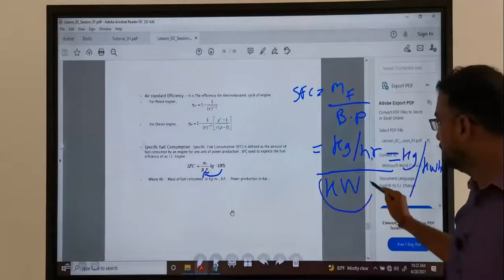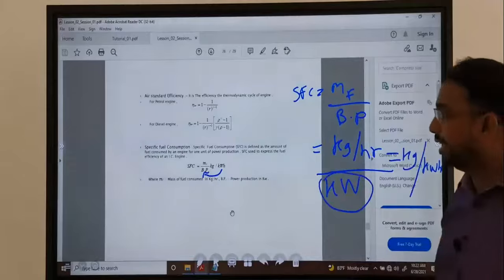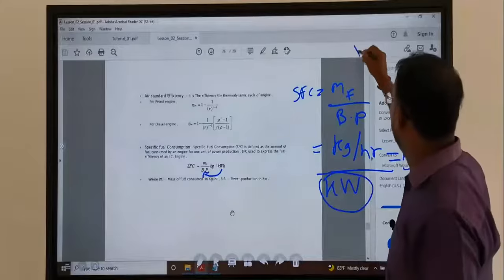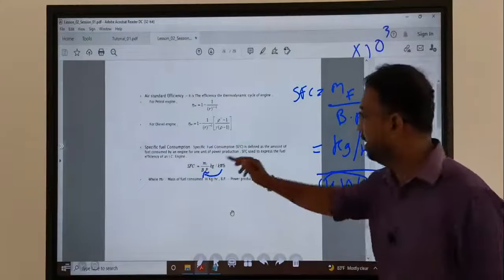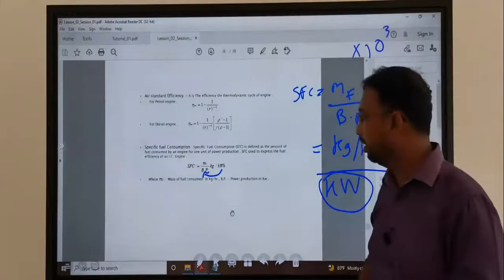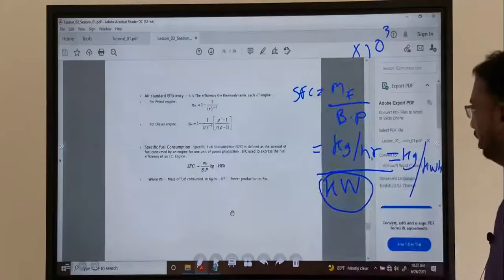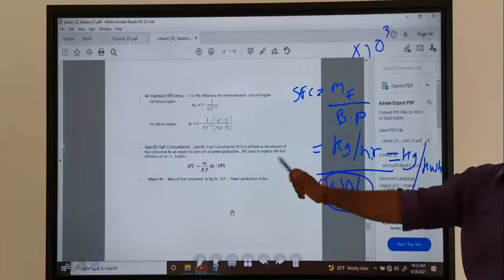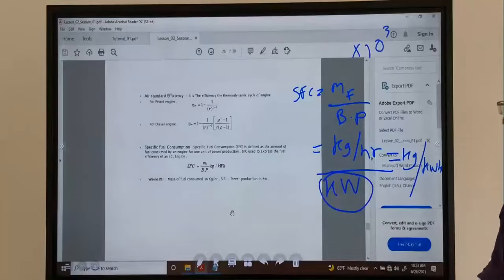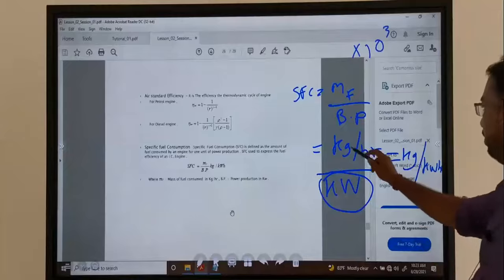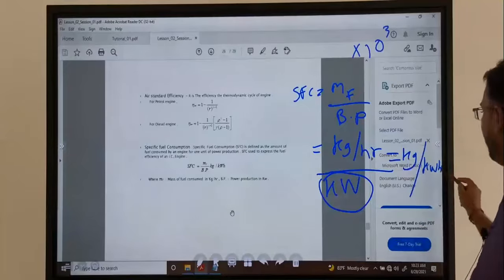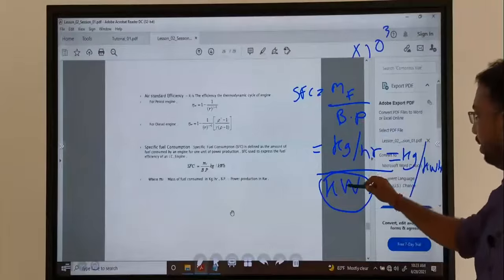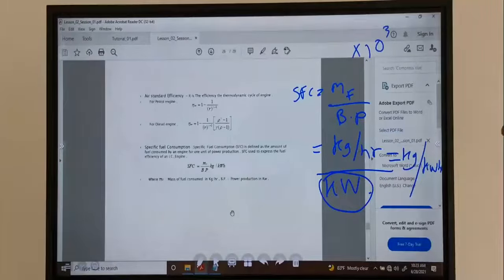In the other equations we can use the brake power as watt, where we multiply by 10 to the power 3. But in this equation it is kilowatt, so we can straightly apply the brake power as kilowatt. So the unit comes as kilogram per kilowatt hour.